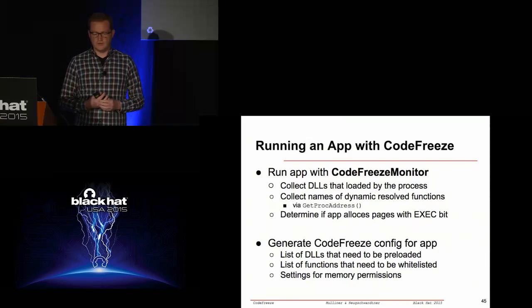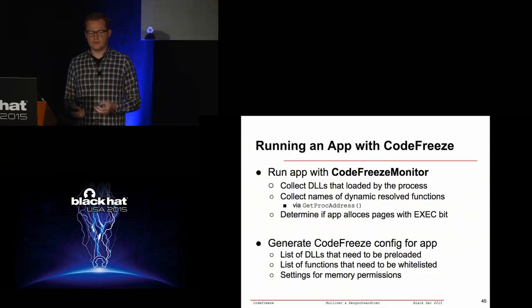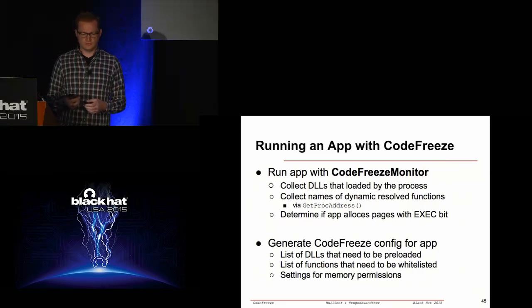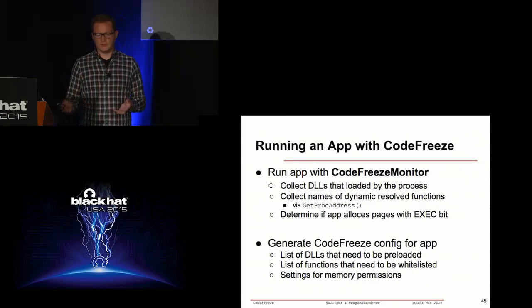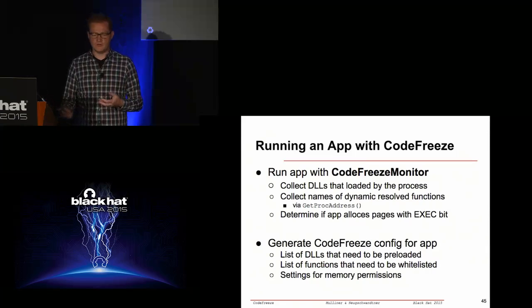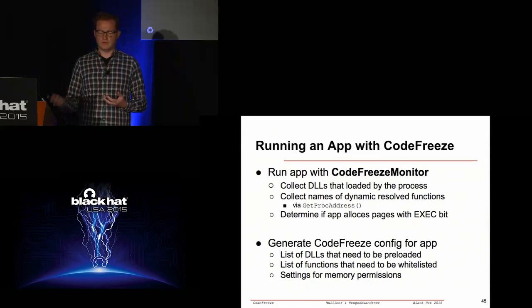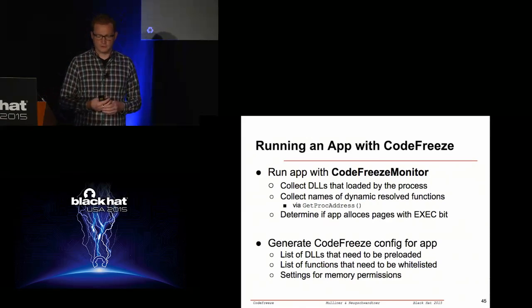So before you can run an application with the CodeFreeze enforcement module, you have to run the application with what we call the CodeFreeze monitor. Basically, it's another DLL that we inject into the program, which collects names of DLLs that are dynamically loaded. It will find all the functions that are used via GetProcAddress.